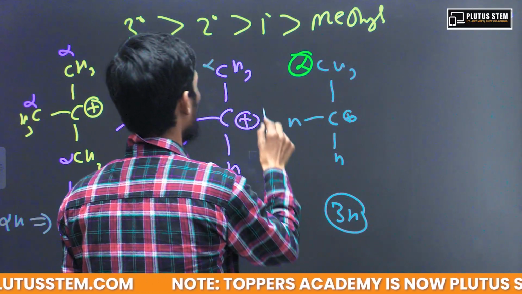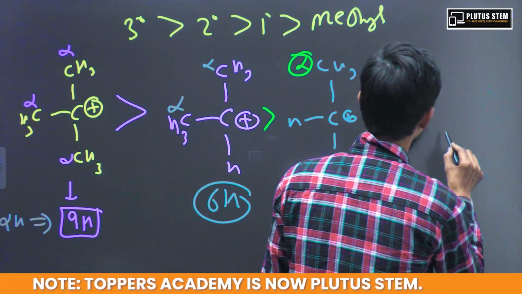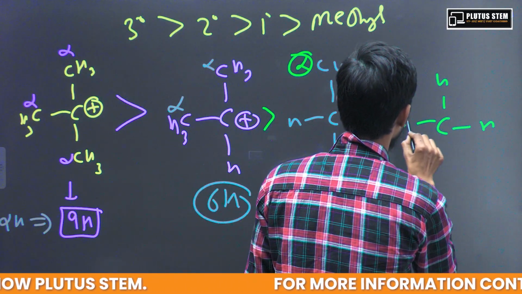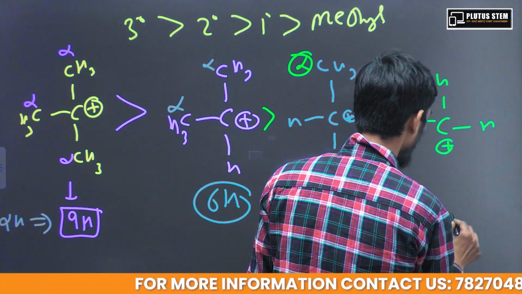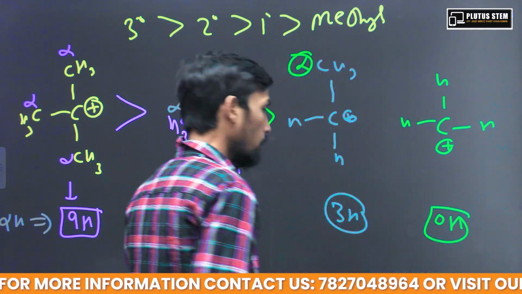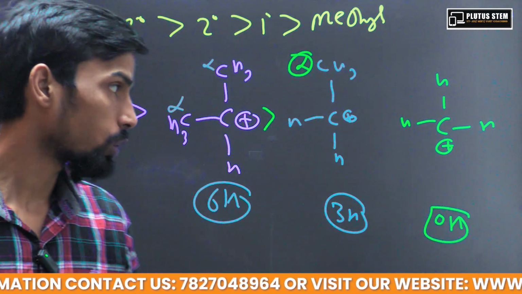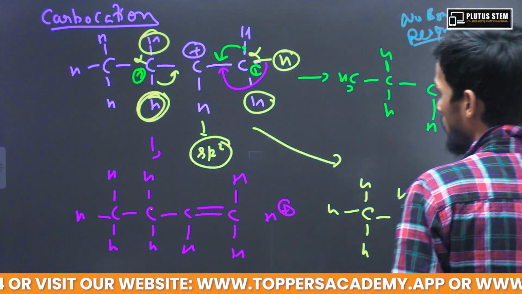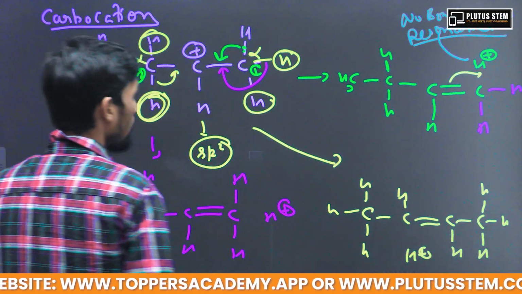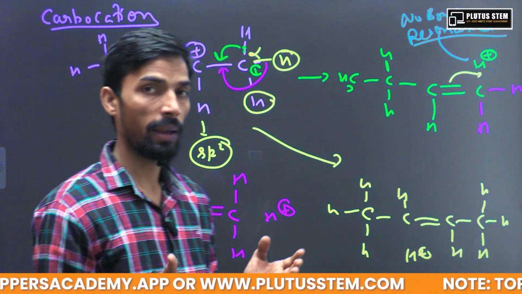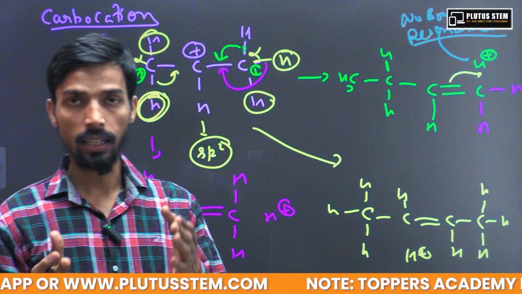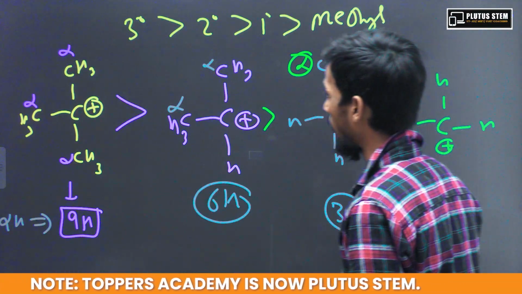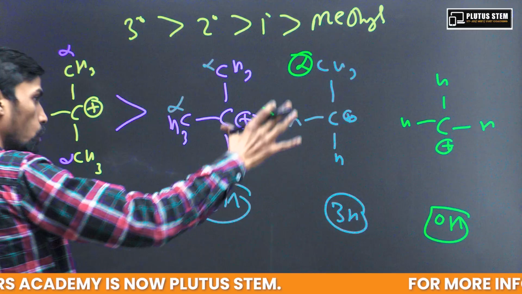And in the last, for methyl, zero alpha hydrogen. So the more the number of alpha hydrogen, and you have seen how these alpha hydrogen are stabilizing this carbocation. So that's why we have seen in many examples that 3-degree is more stable than 2-degree and then 1-degree. The main reason behind that is this whole hyperconjugation phenomenon.